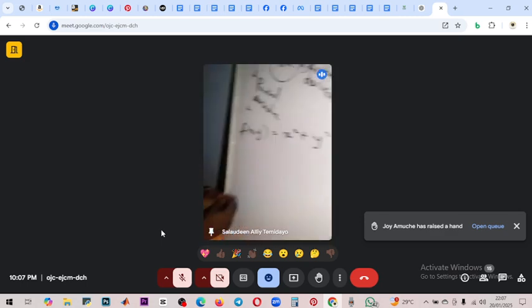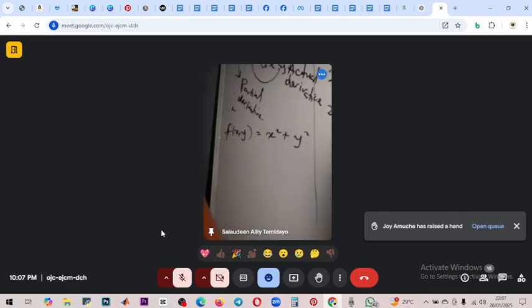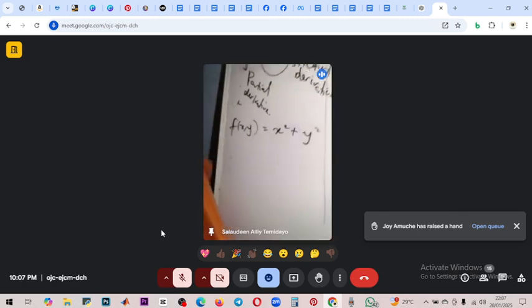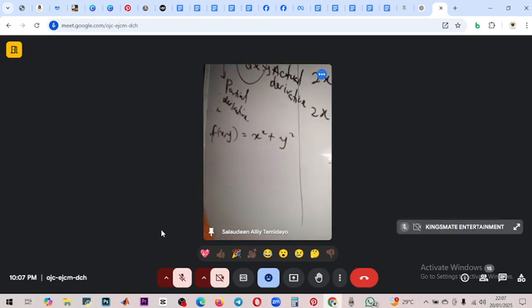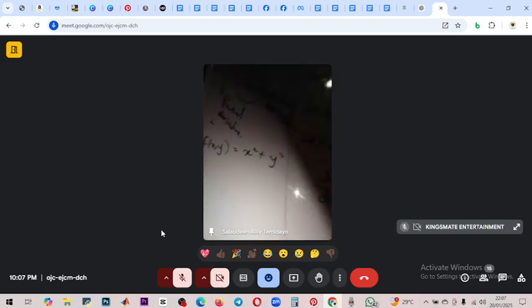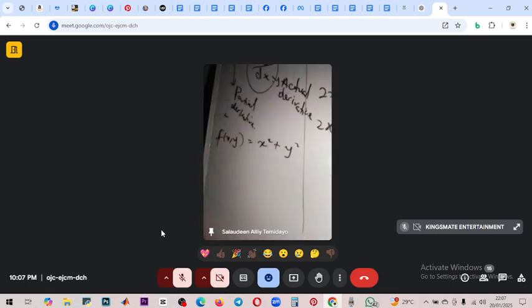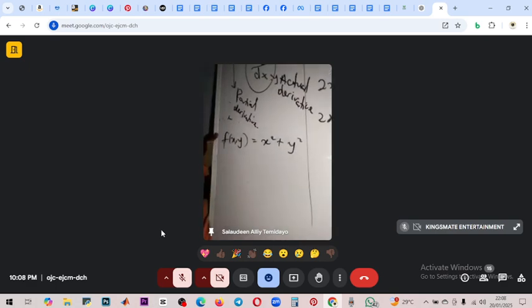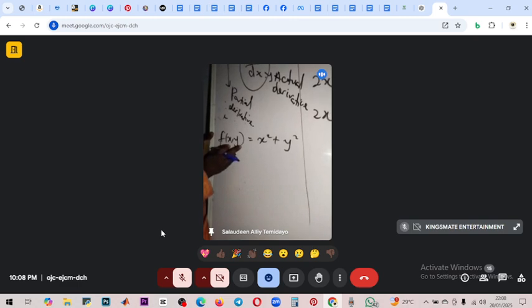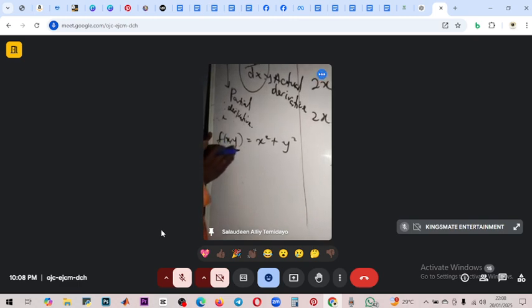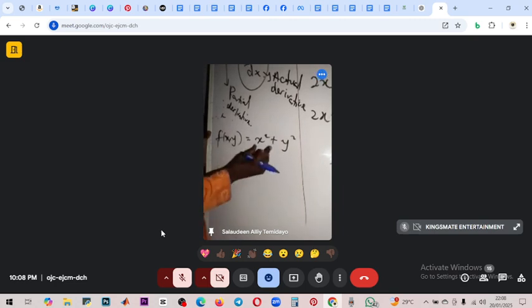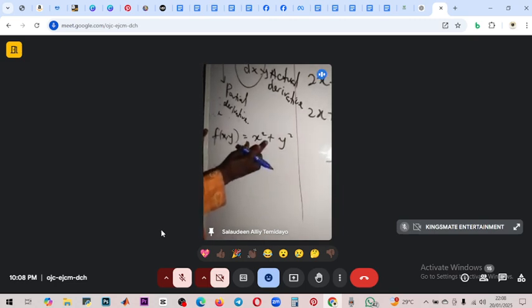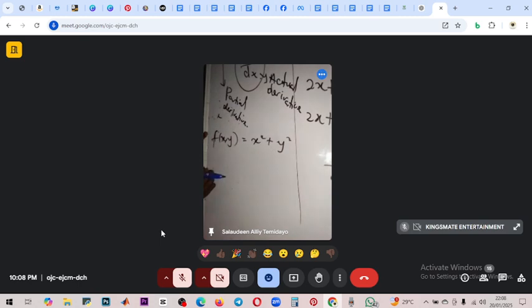I'm explaining it again, though. F of x, y means f is a function of x and y. And this is it. We can see that f is a function of x, at the same time a function of y.